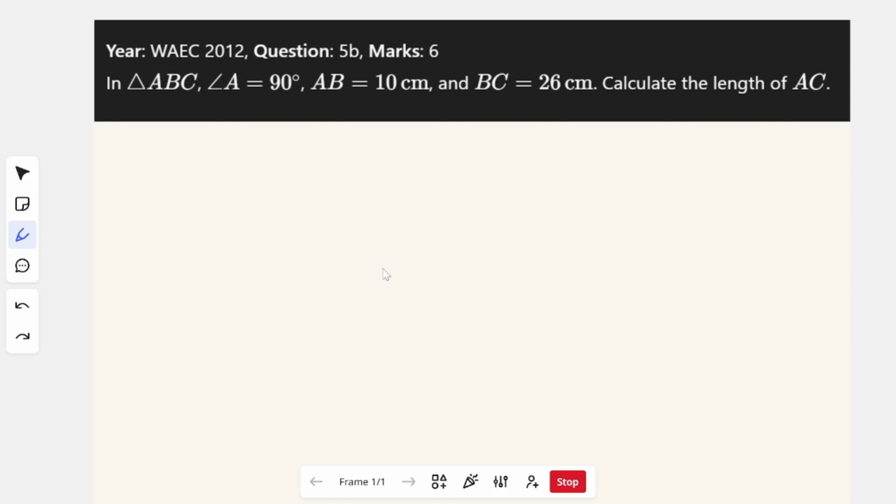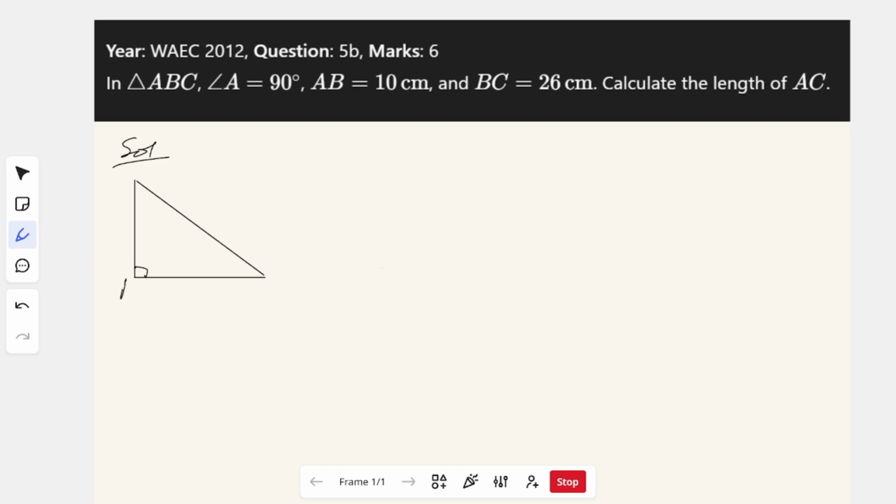So let's try to bring out this triangle. We have the vertical line and also the horizontal line. Then we join the vertical and the horizontal, right? Mind you, this is angle 90, and from the question, we were told that angle A is 90 degrees.